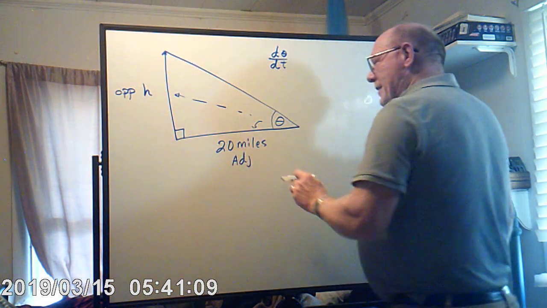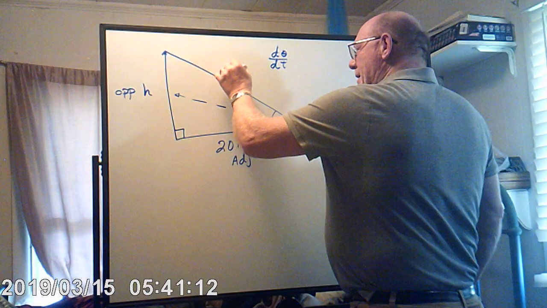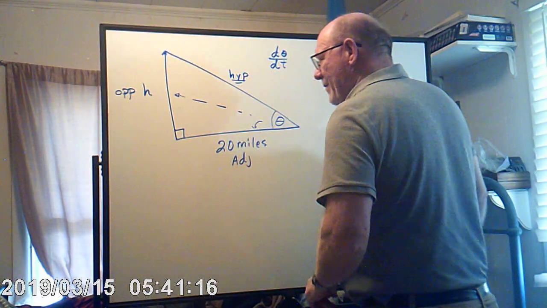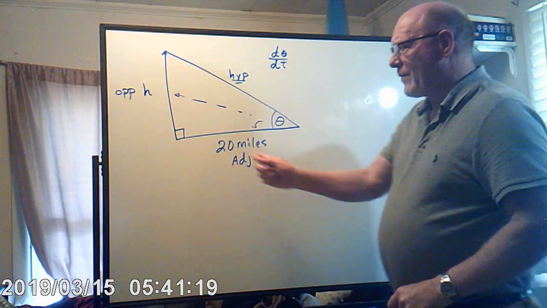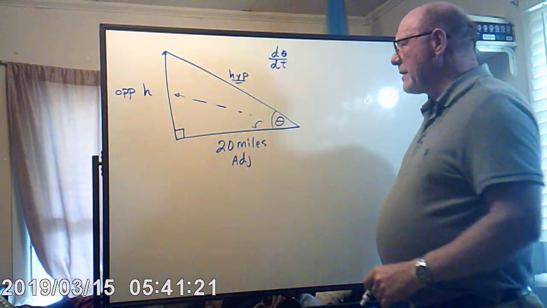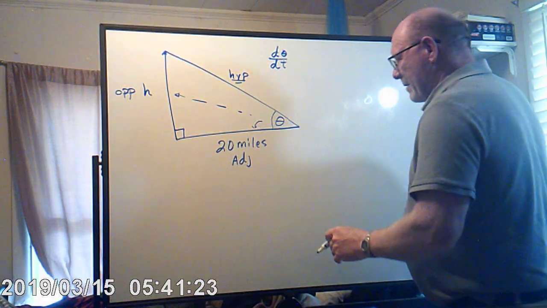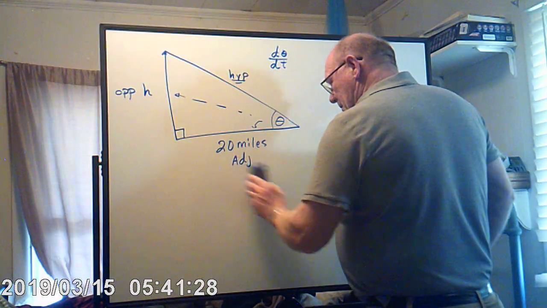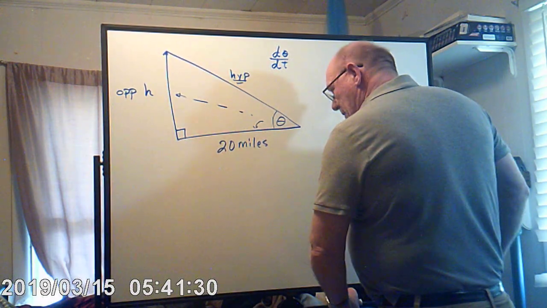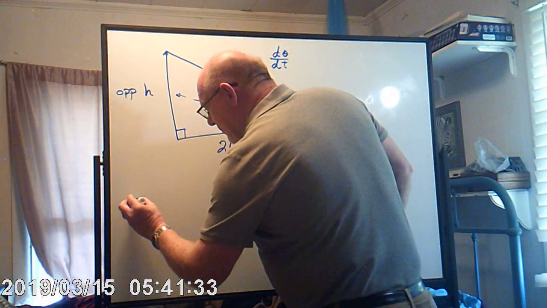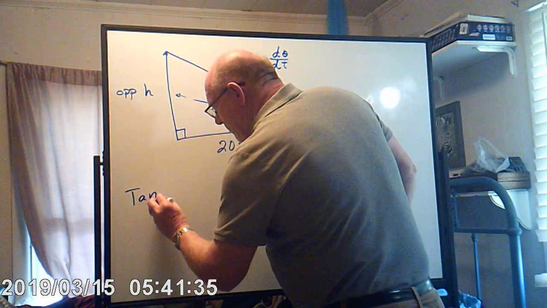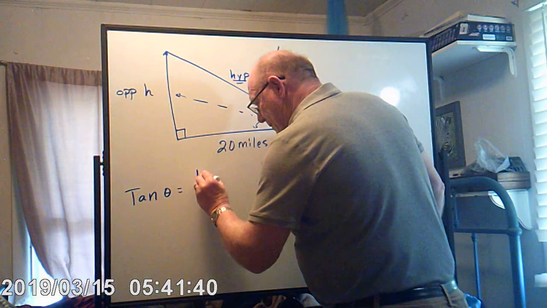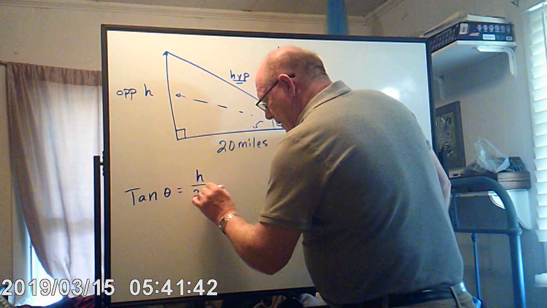We know this is adjacent because opposite of the right angle is the hypotenuse, and we're not interested in the hypotenuse. We're just looking at opposite over adjacent, so obviously we're going to look at tangent. So tangent of theta is equal to h over 20.